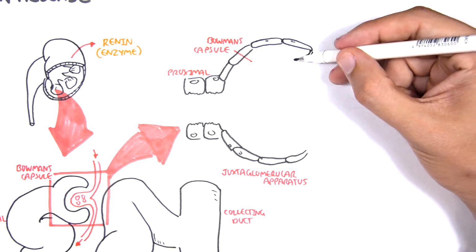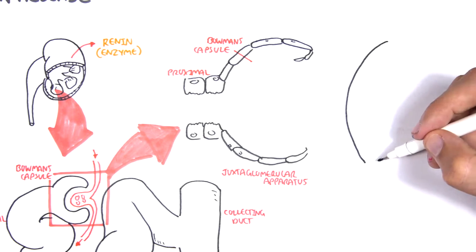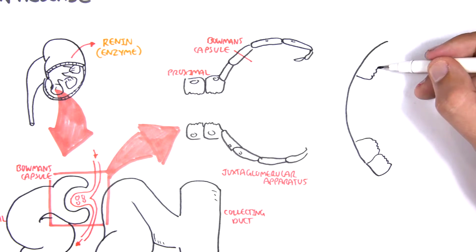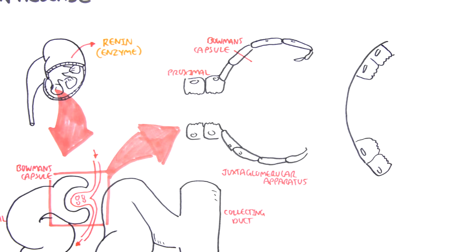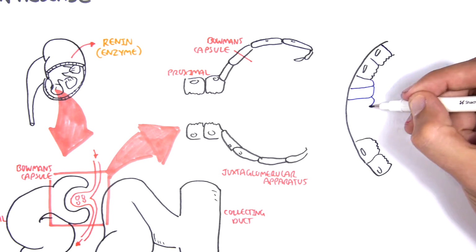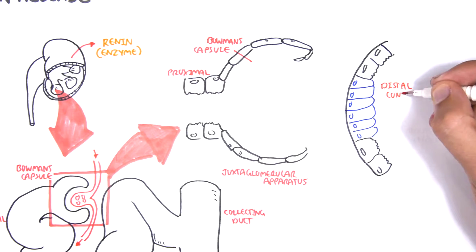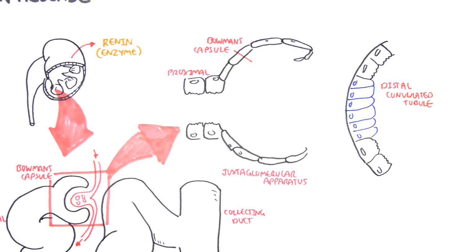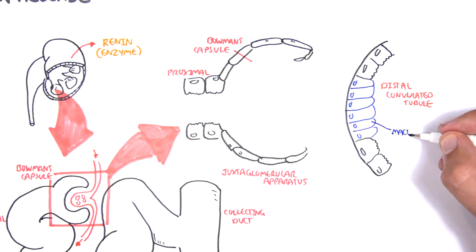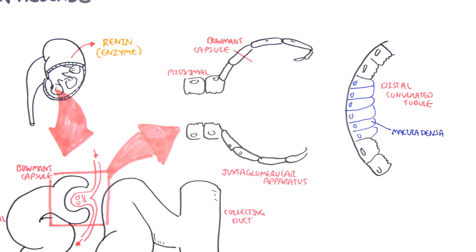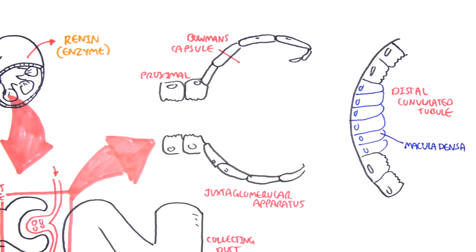And as I mentioned before, the distal convoluted tubules of the nephron actually sort of meets back up with the head of the nephron. And this is important because there are cells around this area known as the macula densa cells. And we will talk about these cells soon enough.